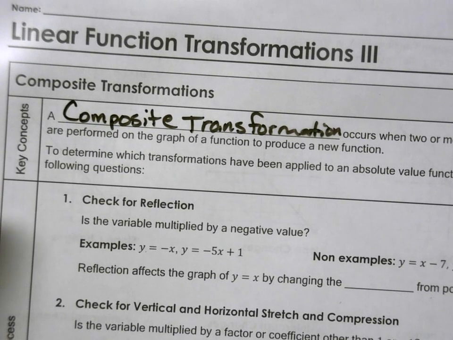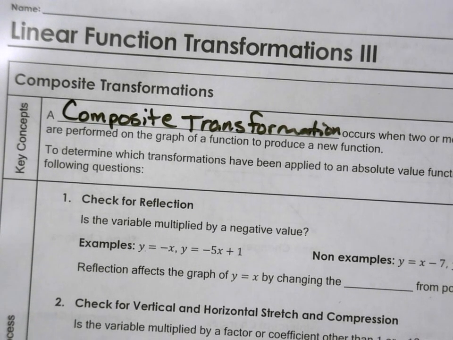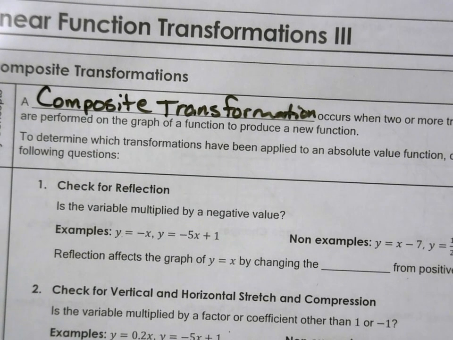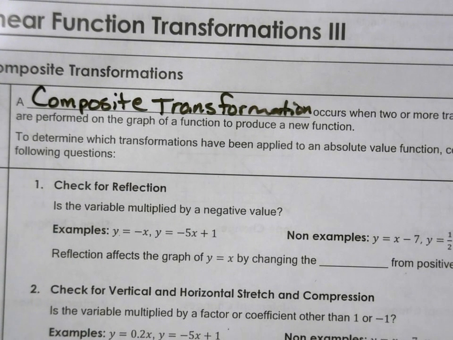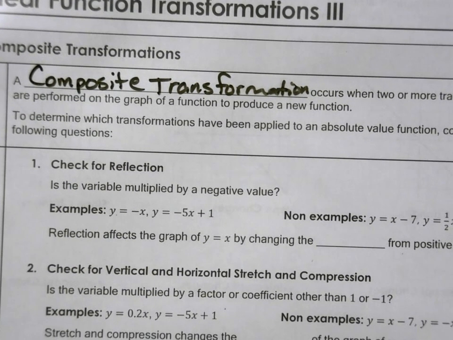So yesterday we only applied one change to a graph or to a function. Today we're going to be combining all of those transformations onto one function. So several things could change in today's.